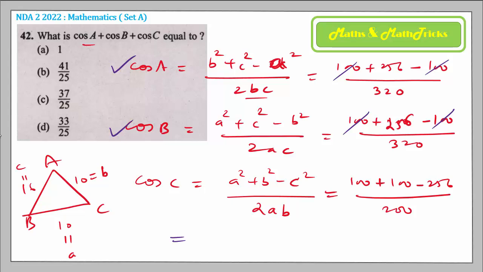How much is it? You see that the denominator is 320 for that, so I am taking ahead with that. 256 plus 256, you will get 512, isn't it? And that is divided by 320. Coming to the next part, 200 minus 256, which is basically minus 56 by 200.